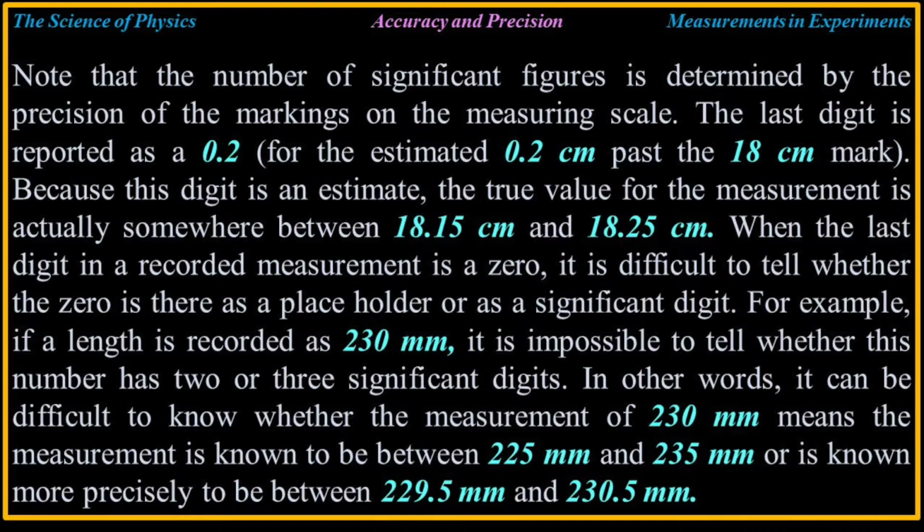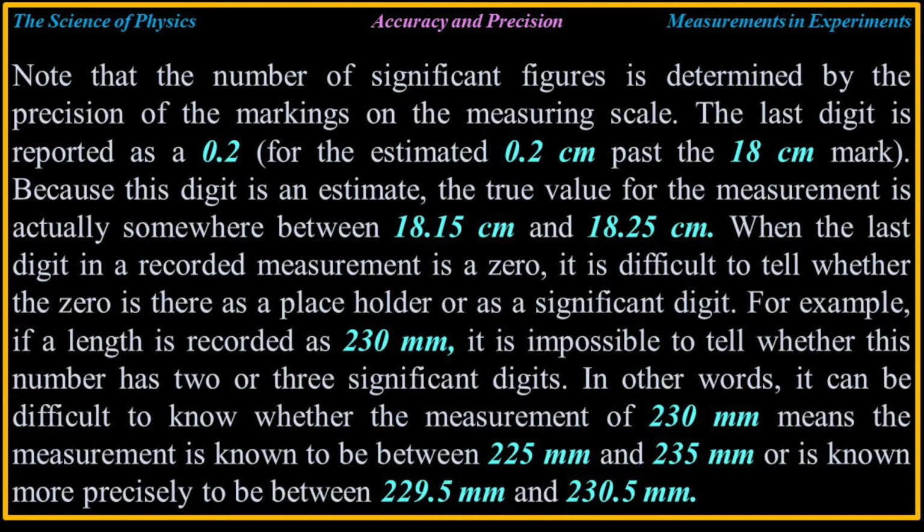When the last digit in a recorded measurement is a 0, it is difficult to tell whether the 0 is there as a placeholder or as a significant digit. For example, if the length is recorded as 230 millimeters, it is impossible to tell whether this number has 2 or 3 significant digits.